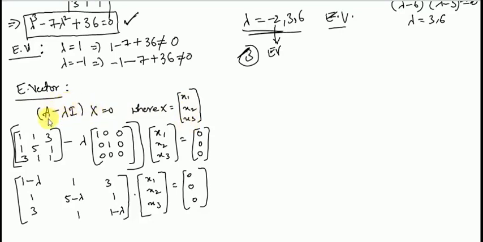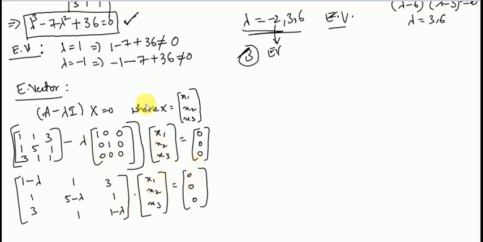Substitute A as the given matrix, lambda I as the 3 by 3 identity matrix, x as the eigenvector x1, x2, x3, and 0 as the zero matrix. Simplifying, we get the matrix with entries 1 minus lambda, 1, 3; 1, 5 minus lambda, 3; and 3, 1, 1 minus lambda, multiplied by the column x, equal to the zero matrix.